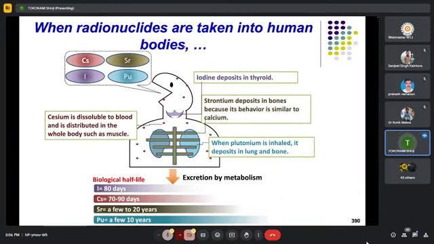When the radionuclides are taken into human bodies, iodine deposits in the thyroid. Strontium deposits in bones because its behavior is similar to calcium. When plutonium is inhaled, it deposits in lung and bone.